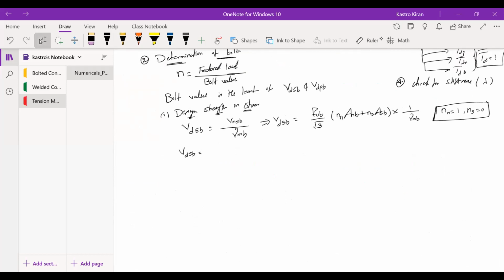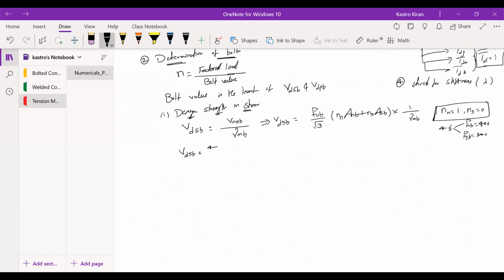So when it is 4.6 grade, the value of FUB is 4 times 100, which is 400 megapascals. And the value of FYB is 400 into 0.6, which gives you 240 megapascals. I won't go into the details of that again.